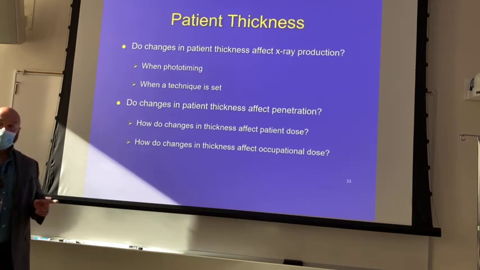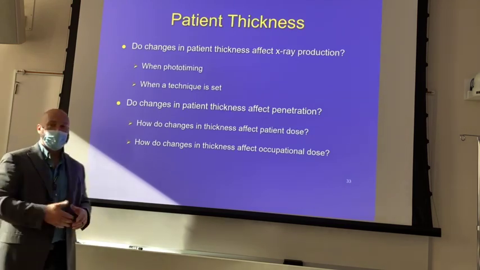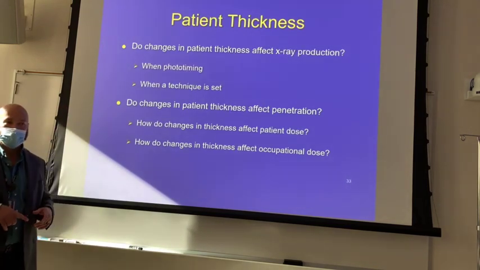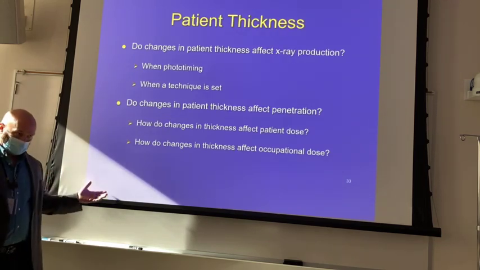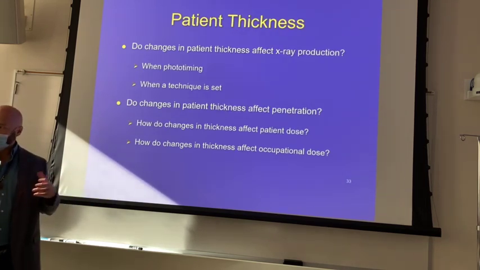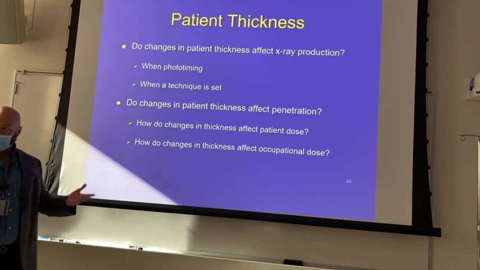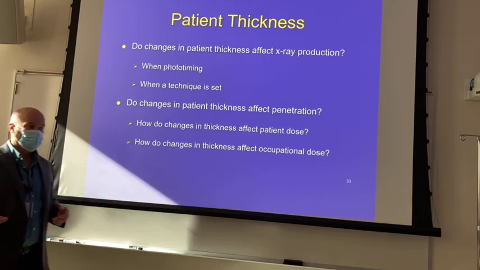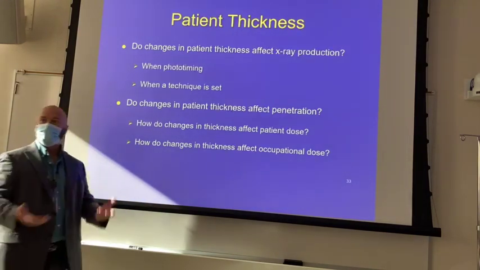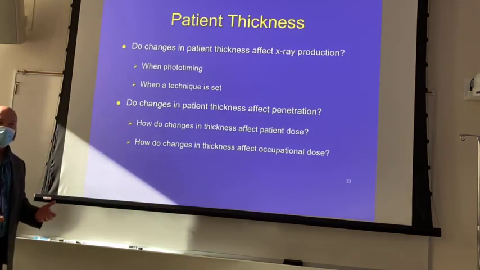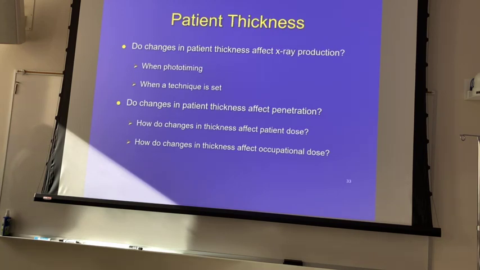Now, what comes through the patient and hits the image receptor is going to be primarily scatter radiation, because the increase in patient size was primarily due to soft tissue, right? And soft tissue creates a lot of scatter. That doesn't mean that scatter is going to hit the image receptor and overexpose it. A lot of that scatter is going to be absorbed inside of the patient.